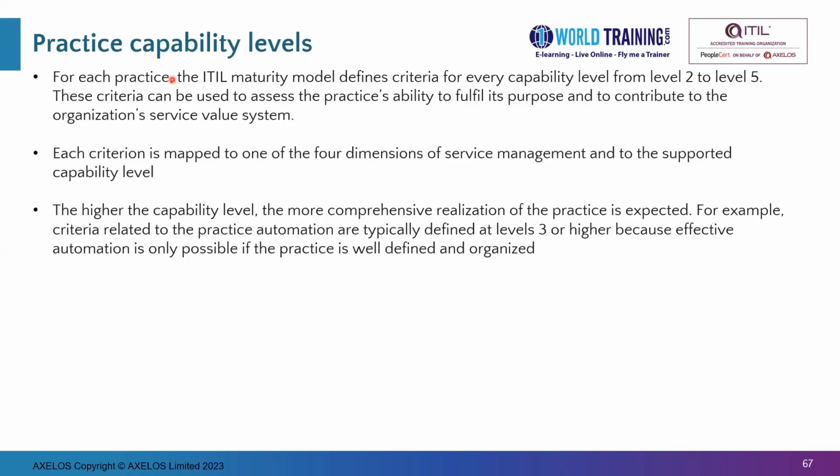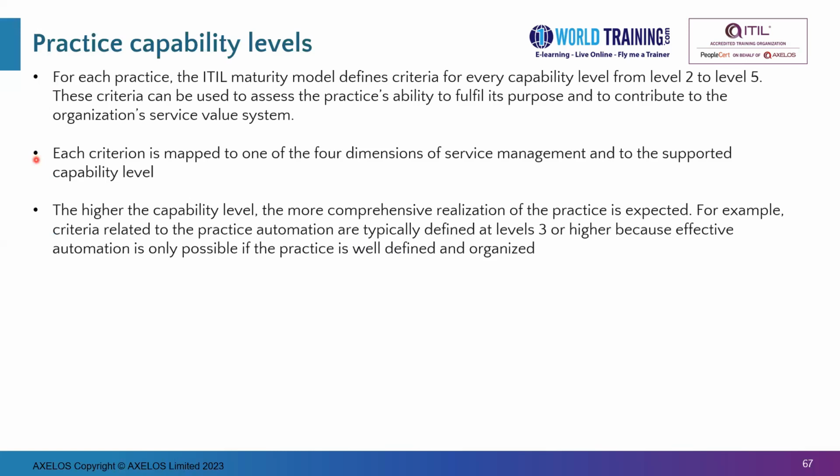Further on the practice capability levels, for each practice, the ITIL maturity model defines criteria, as we saw on the picture earlier briefly, and that is for every capability level from level 2 to level 5. These criteria for each PSF can be used to assess the practice ability to fulfill its purpose and to contribute to the organization's service value system. Then each criterion is mapped to one of the 4 dimensions of service management and to the supported capability level.